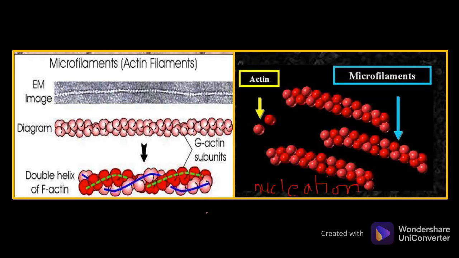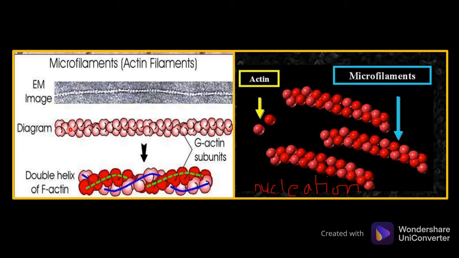Nucleation occurs when a group of 3 or more actin monomers spontaneously or otherwise group together, forming a base onto which actin monomers can attach.